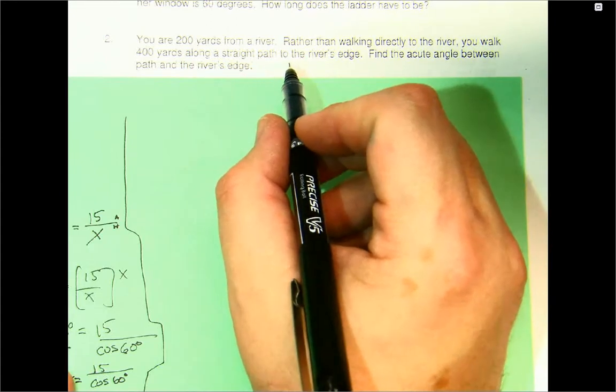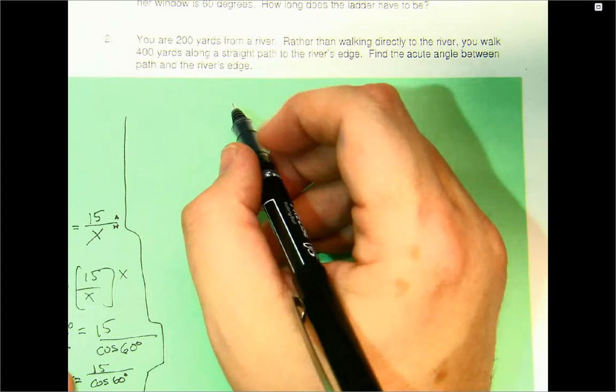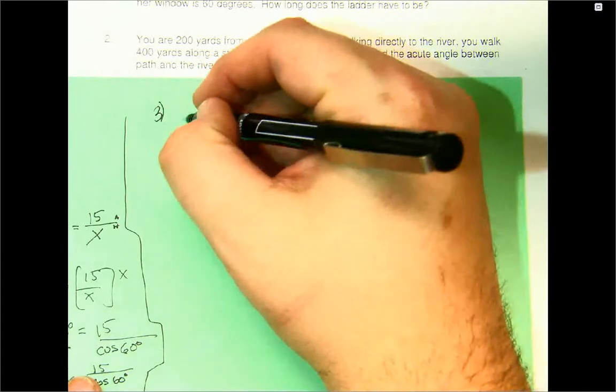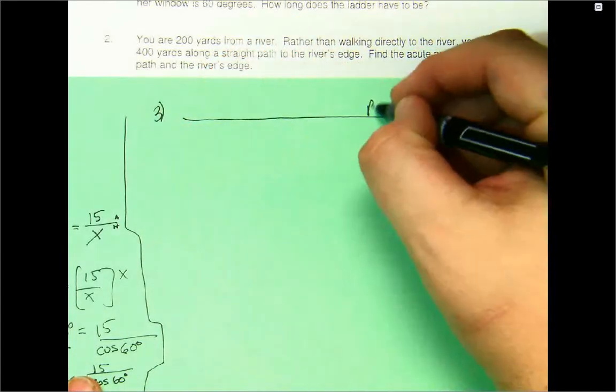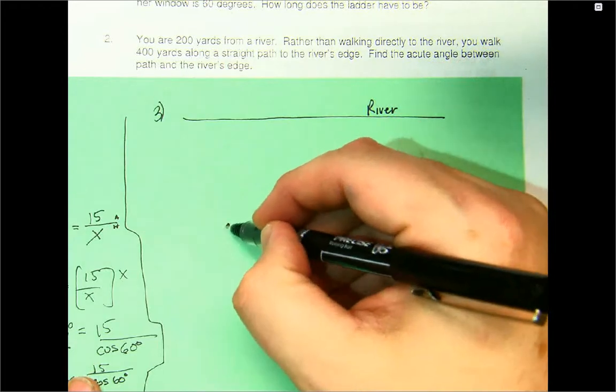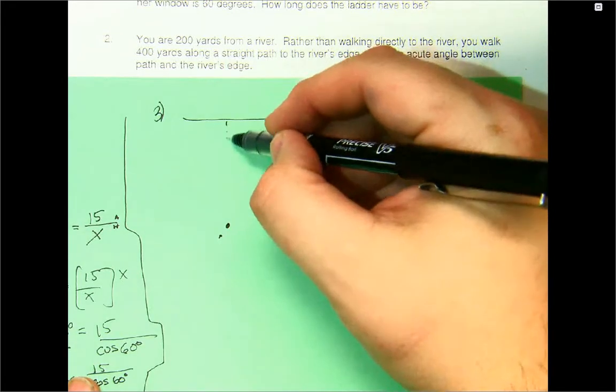So, say this is your river, and you're 200 yards. So this distance right here is 200 yards.